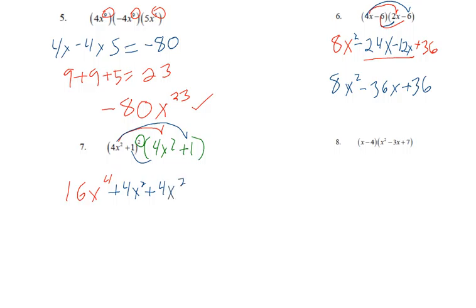And 1 times 1 is 1. At this point, the middle terms again will cancel. Not cancel, but combine. So you get 16x⁴ plus 8x² plus 1.